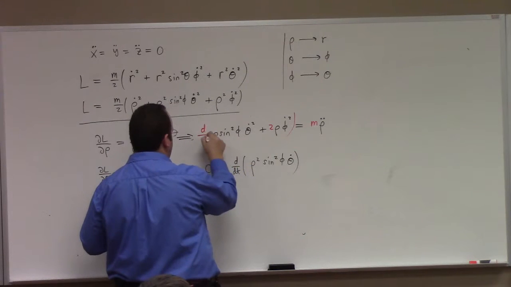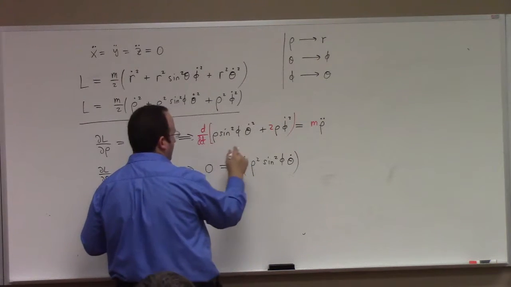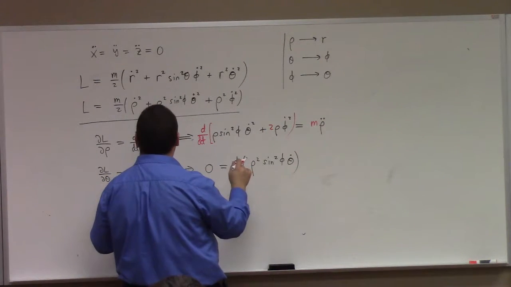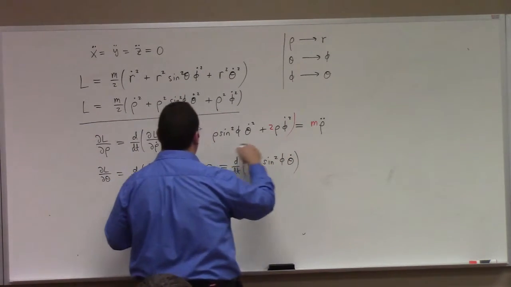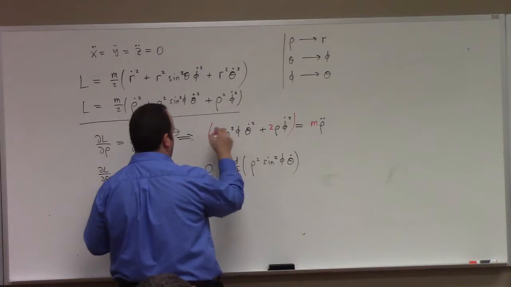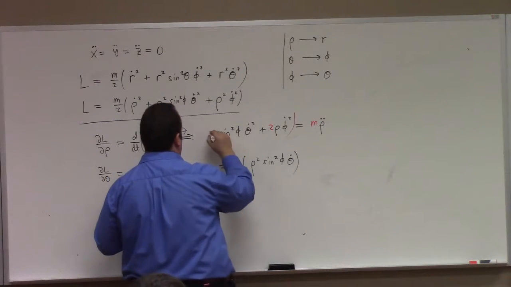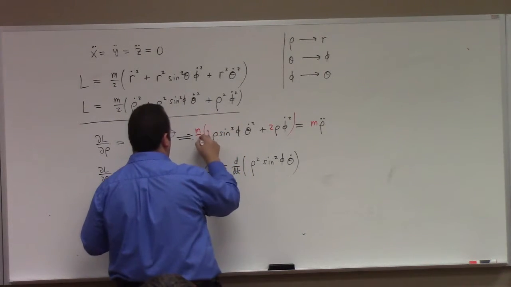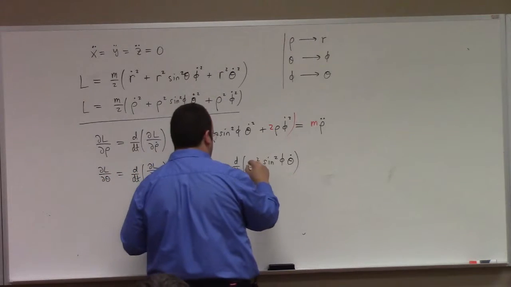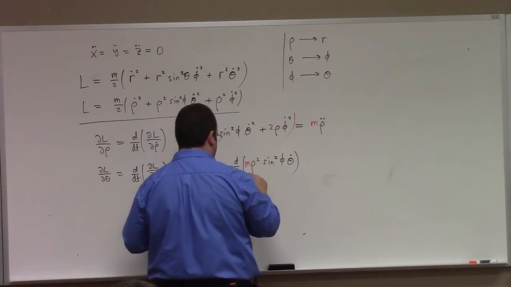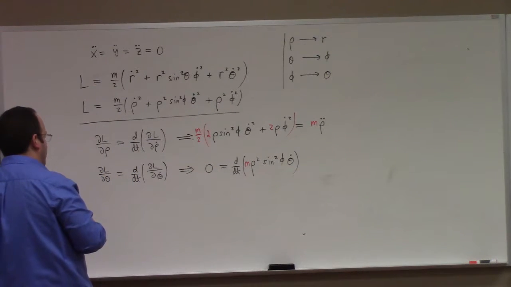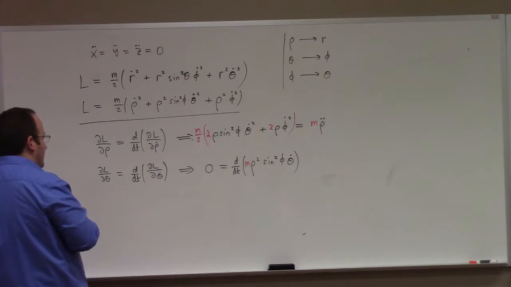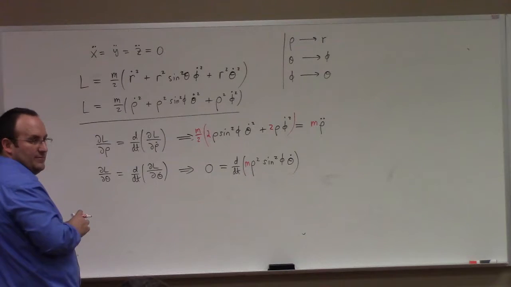I should have d/dt. Oh, but I got this double dot. Here, I'll leave it ugly. M. Right?